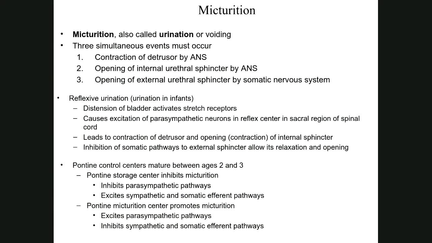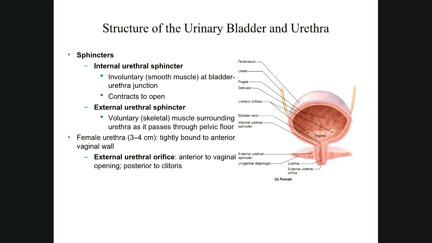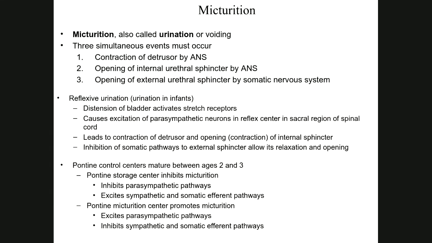We have three simultaneous events that may occur: contraction of the detrusor, which is the muscle, if you remember, that is around the urinary bladder; opening of the internal urethral sphincter by the autonomic nervous system; or opening of the external urethral sphincter by the somatic nervous system.